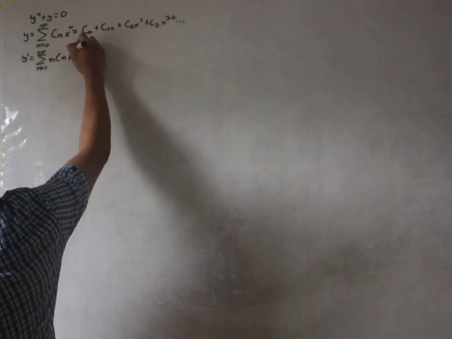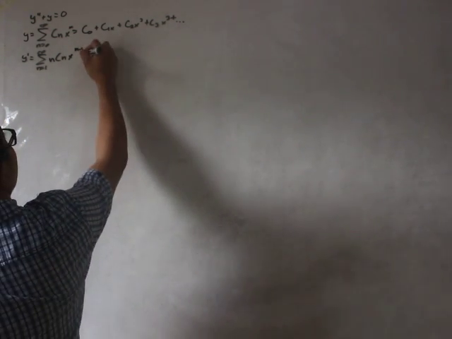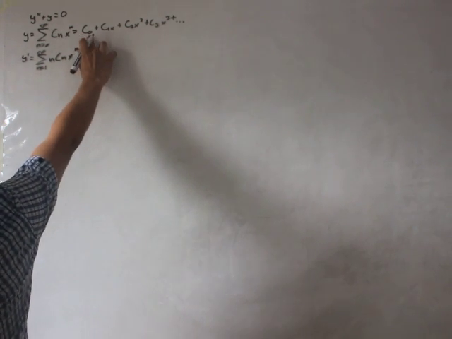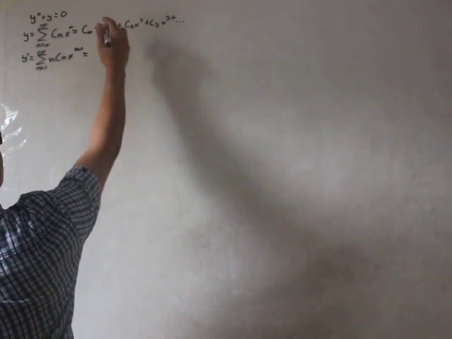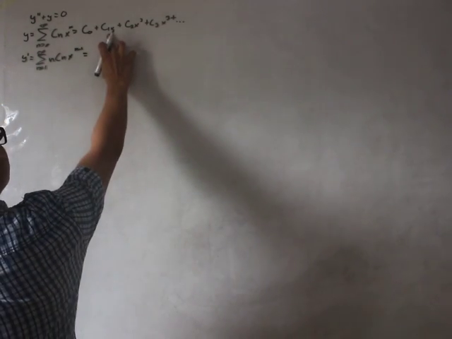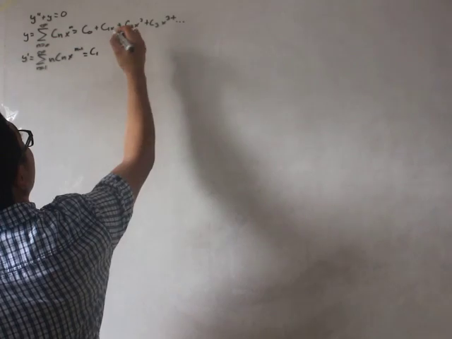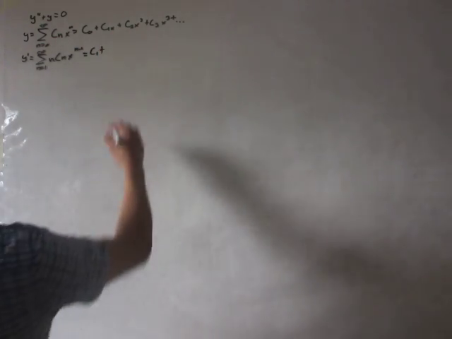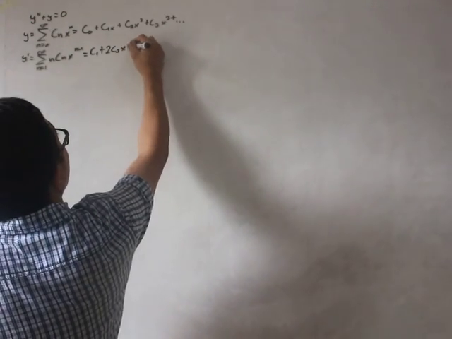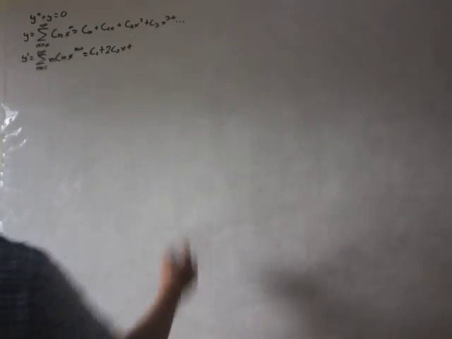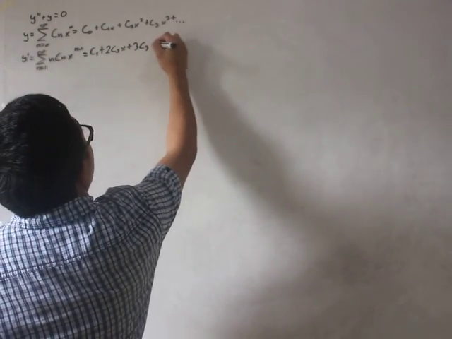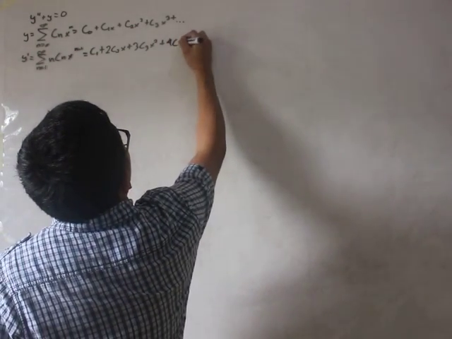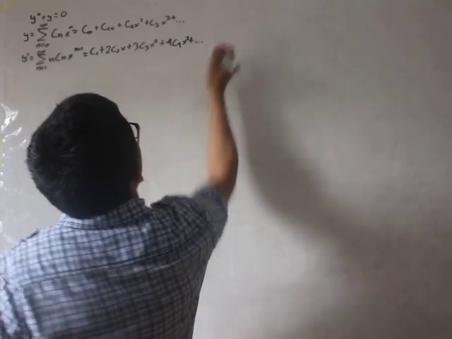Simply n x^(n-1), and the n is multiplied to c_n, so that is why we have n c_n. This is equal to c0, when you derive this, is no more, so it is already 0, so we have c1, plus c2 x squared will become 2 c2 x, plus c3 x cubed will become 3 c3 x squared, plus 4 c4 x cubed, and so on.